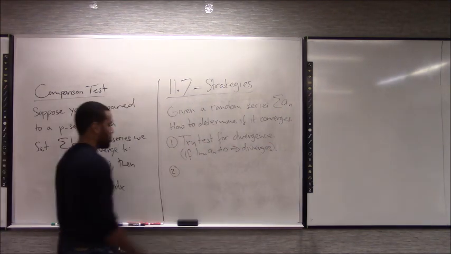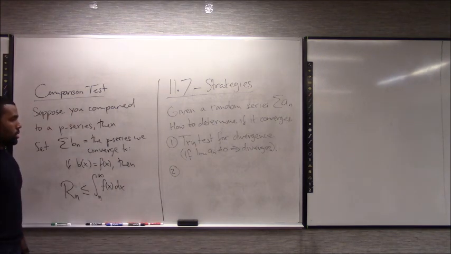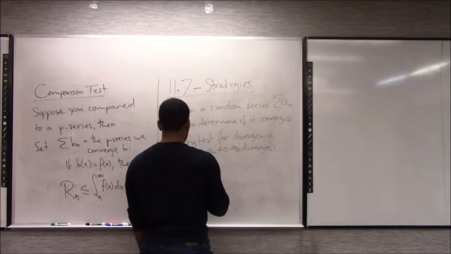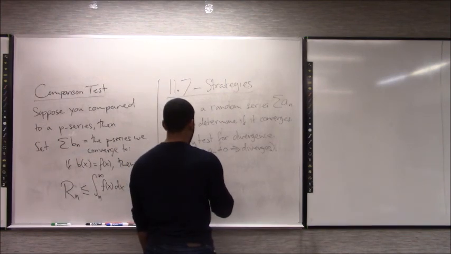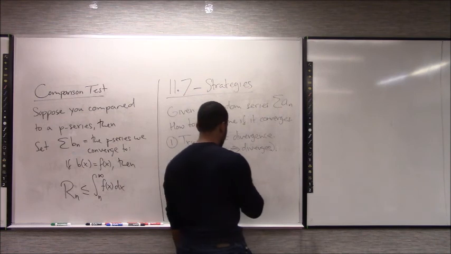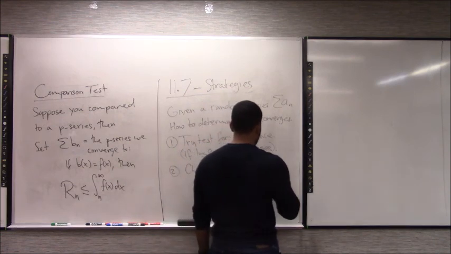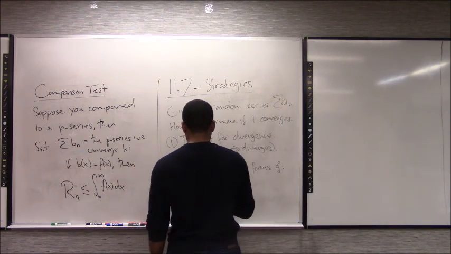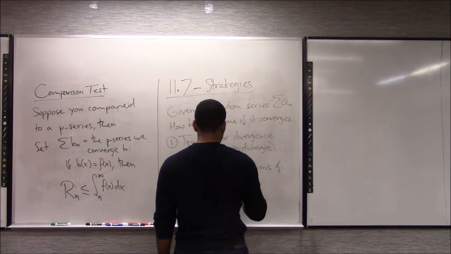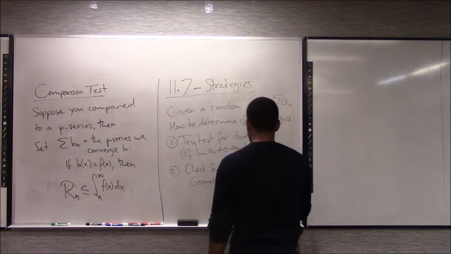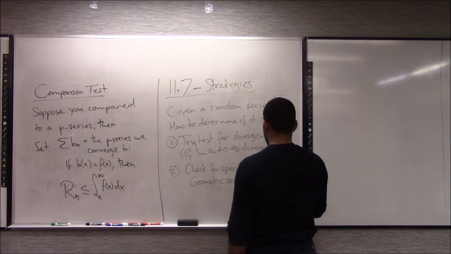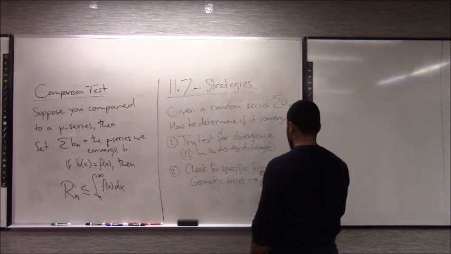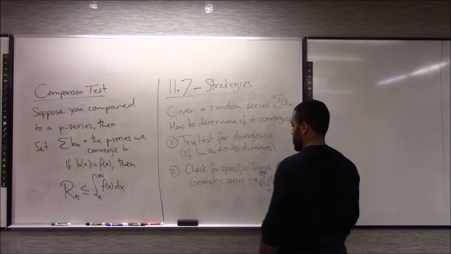Two, check for specific forms. Geometric series have a very specific form. This means if it looks like A times r to the n, and it goes from 0 to infinity, where A and r are constants, then it's geometric.